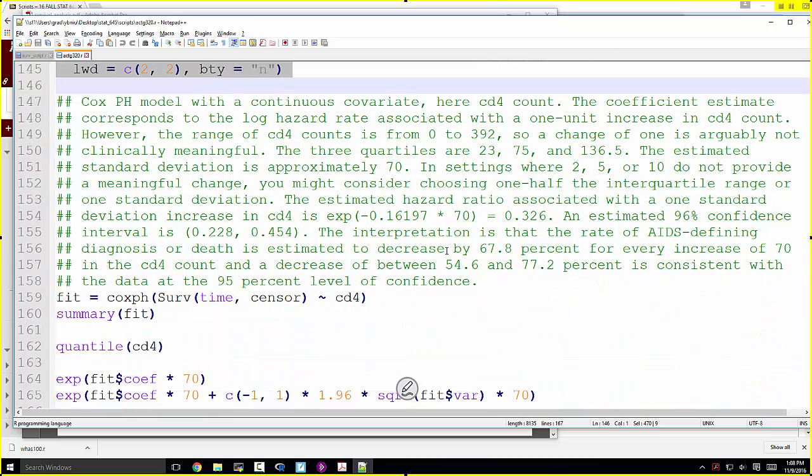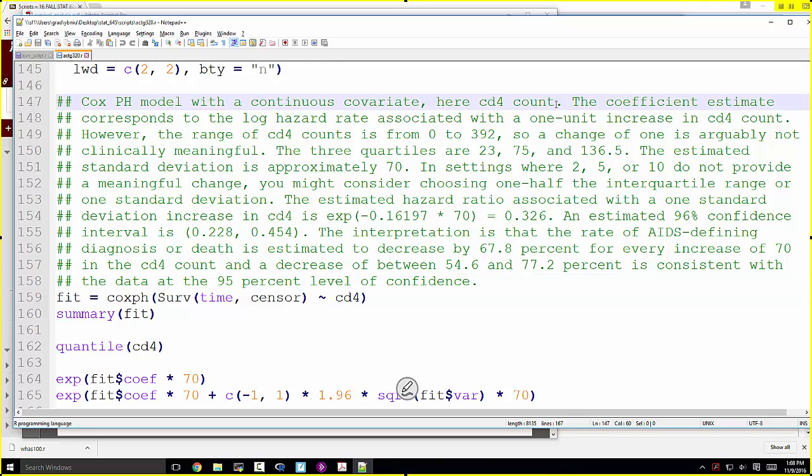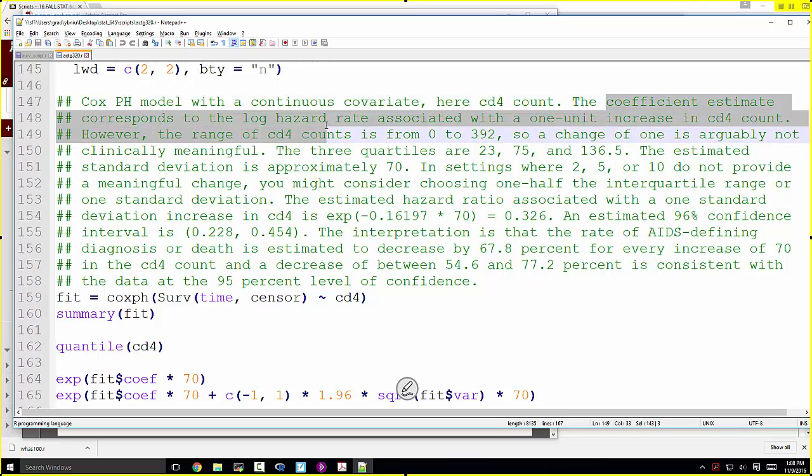Here's another way to fit a model to these data, which is just kind of a good exercise. Let's consider survival time versus a single continuous covariate, CD4 count in this case. So the coefficient of a Cox model is a log hazard ratio.